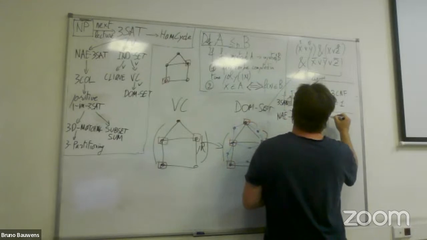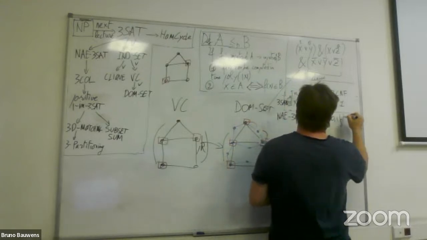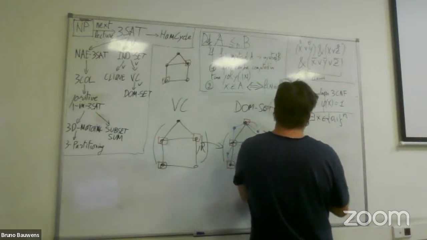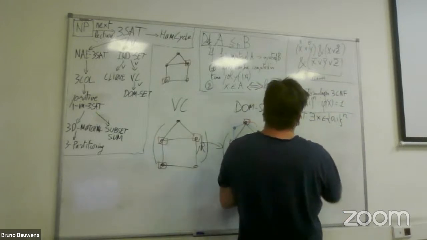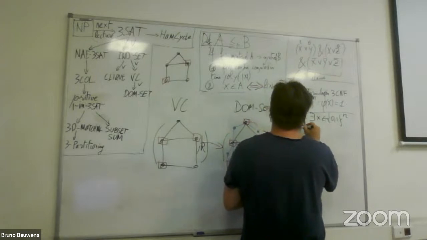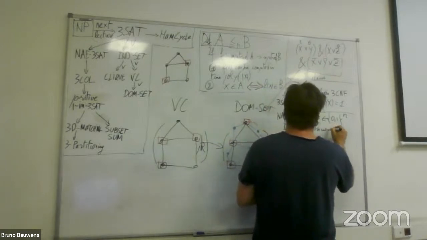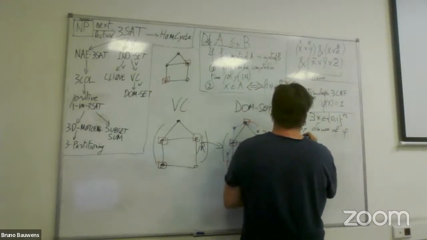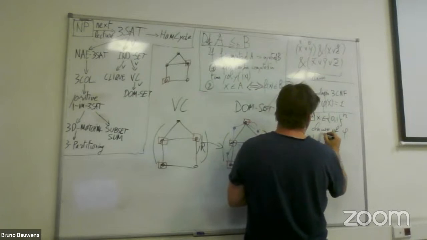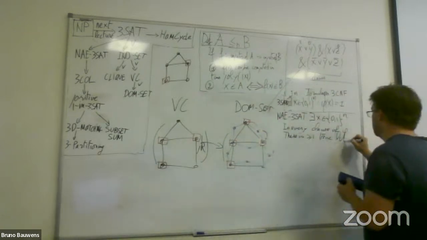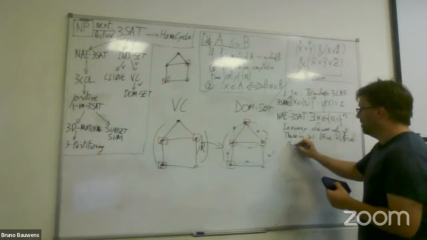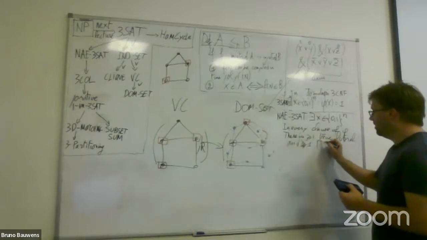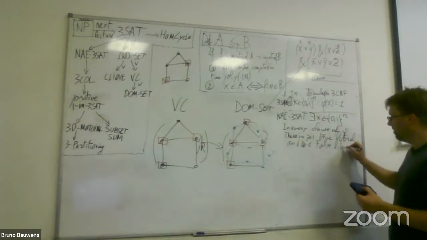There exists an x in {0,1}^n, such that for every clause of phi, there is at least 1 true literal and at least 1 false literal.